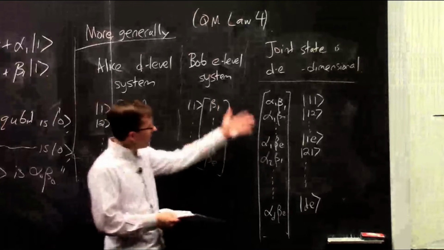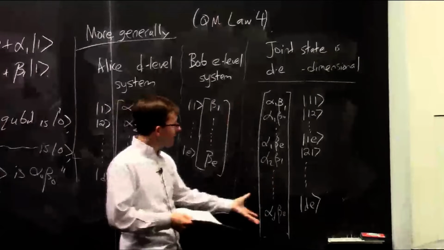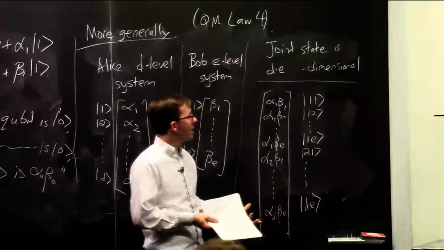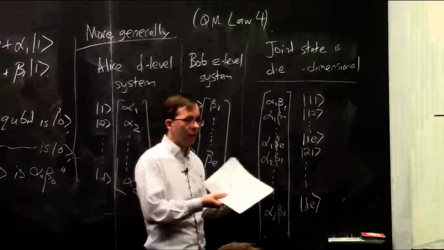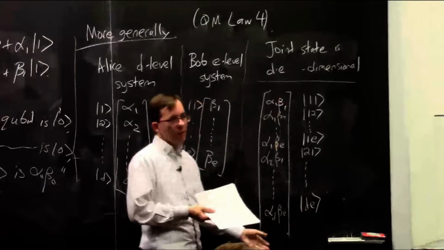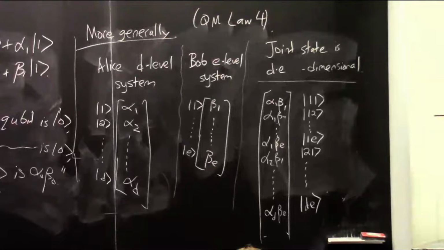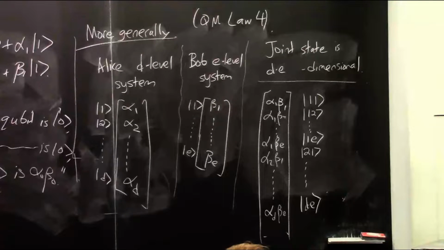And so here, this suggests that you have some physical measuring device that can take in two particles and give one of d times e different readouts. And indeed, let's just say that that's what we assume. We have, in this case, some kind of double photon reader that spits out horizontal horizontal, horizontal vertical, vertical horizontal, or vertical vertical.